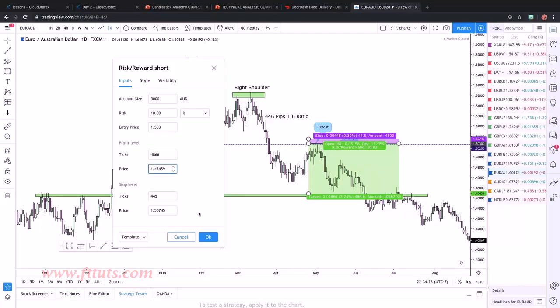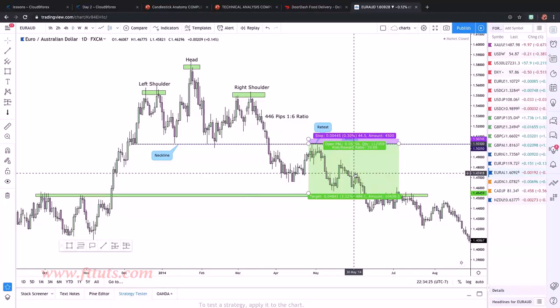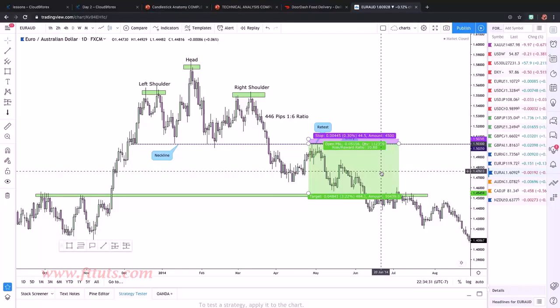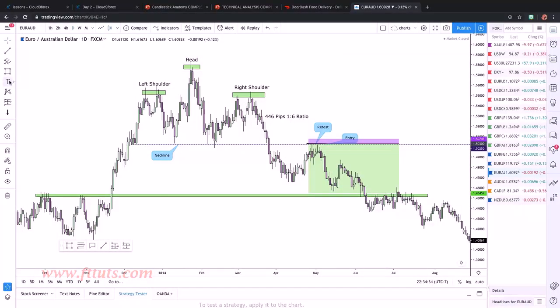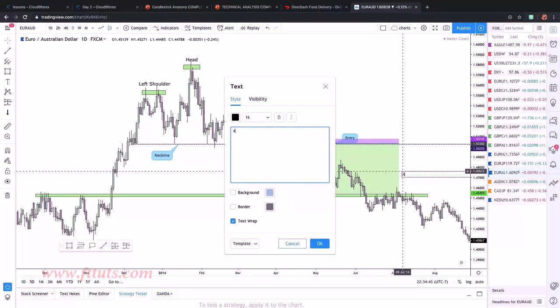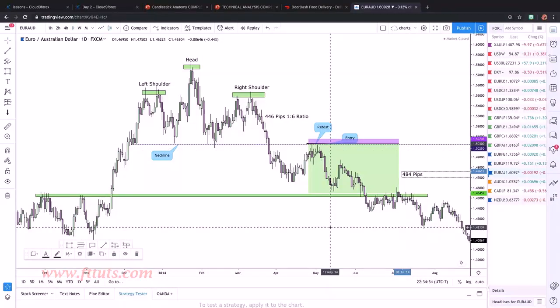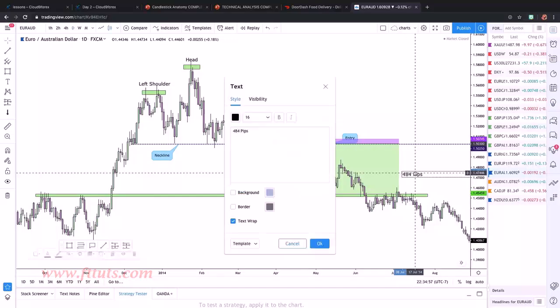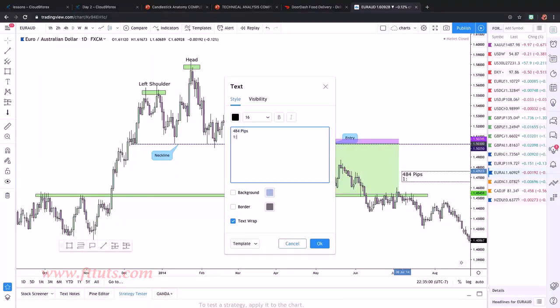So I'm just going to round this to, yeah, right about there. So that's about a 1-to-10 ratio. So that's like amazing. So 484 pips is this move. And we're risking 44 pips to make 484. So that's a 1-to-10 ratio.